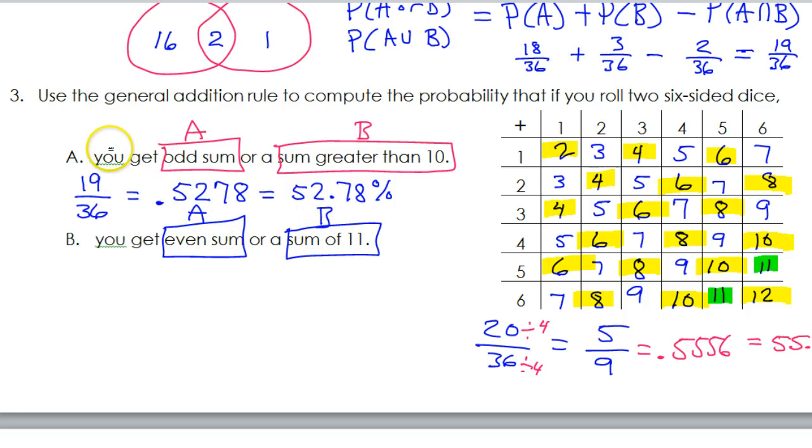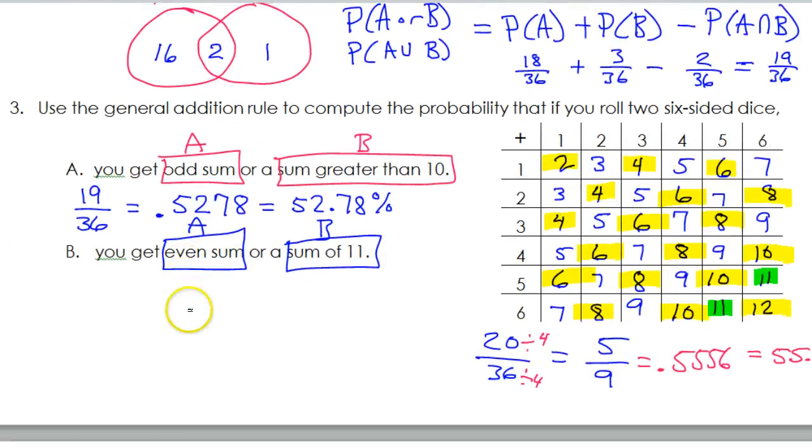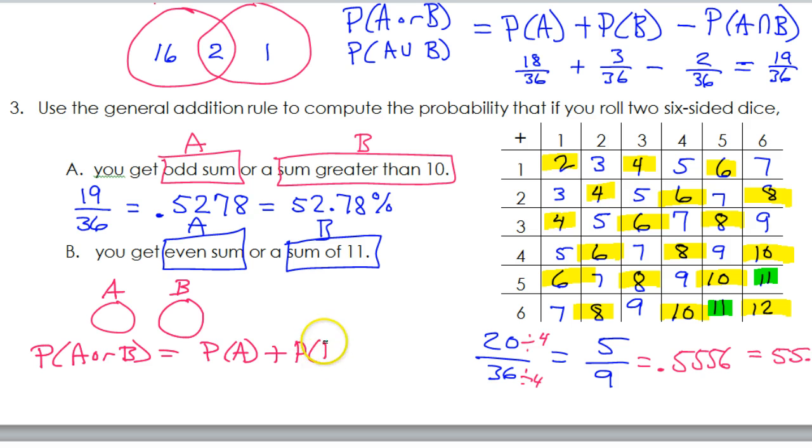So remember, when you have mutually exclusive events, when your event A and your event B are non-overlapping, then you can just straight add. The probability of A or B is just going to be the probability of A plus the probability of B. You don't have to subtract anything because there's no overlap to subtract. So the probability of A, that was the even part, the probability of being even.